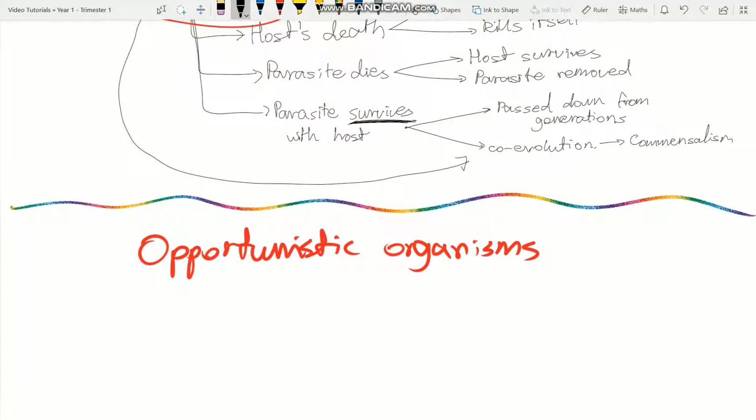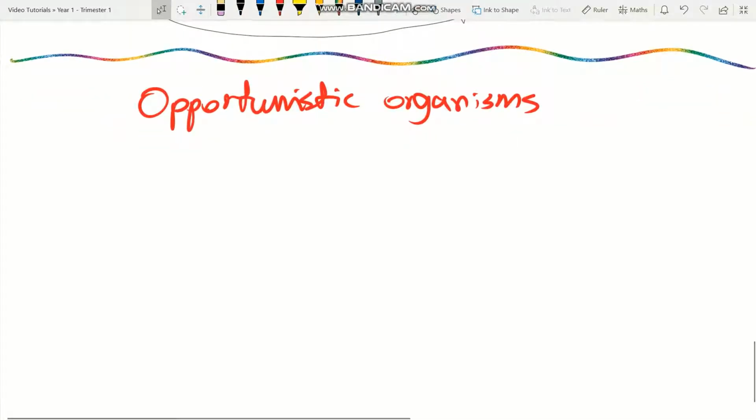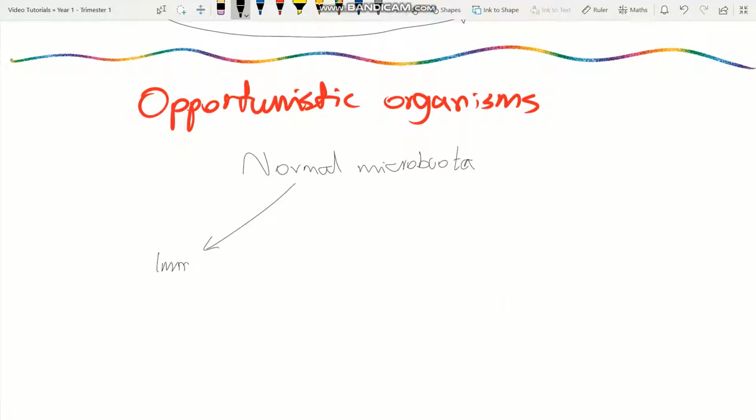Opportunistic organisms are organisms that are already present in the body, so they're microbiota, normal microbiota, but because of a certain change in the person, maybe they become immunodepressed, so they may have HIV, AIDS, they may be undergoing chemotherapy, or may have different conditions that essentially degrade their immune system.